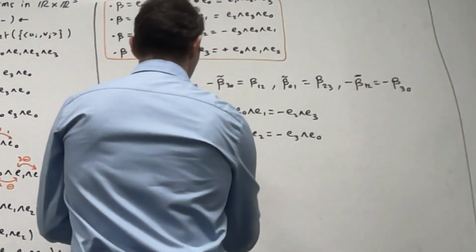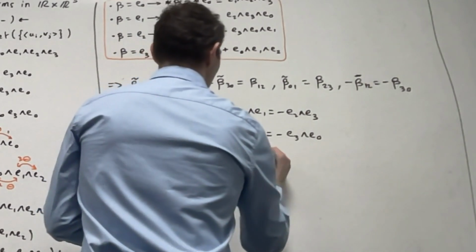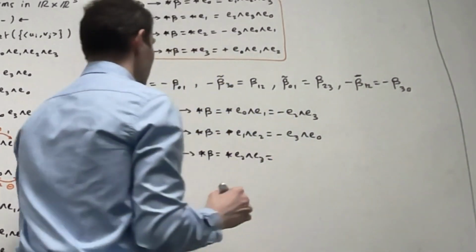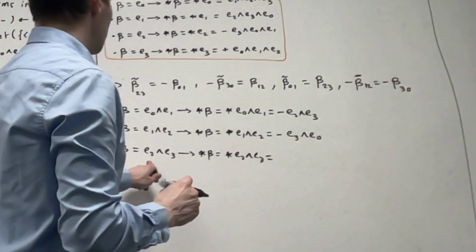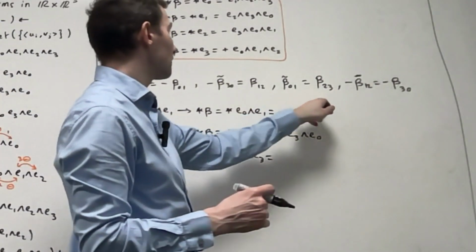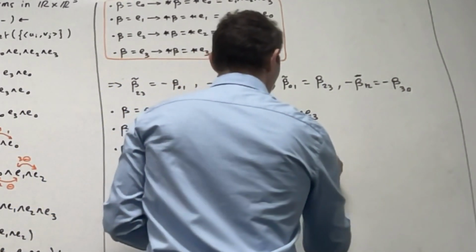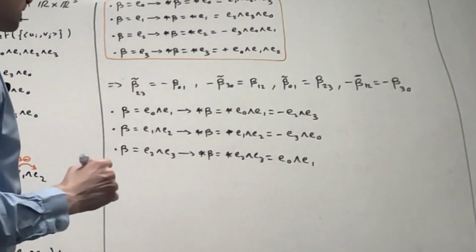Then beta is equal to E2, E3. So that's going to be star beta is equal to star E2, E3. And that's equal again, so beta 2, 3 is equal to 1, and beta tilde 0, 1, so that's E0, E1, is equal to plus 1 as well.